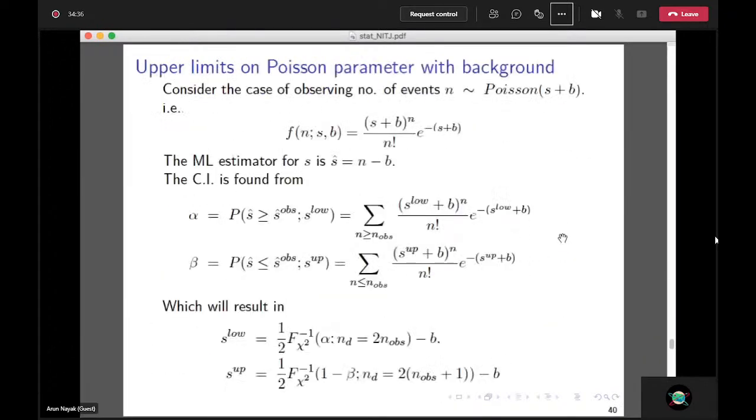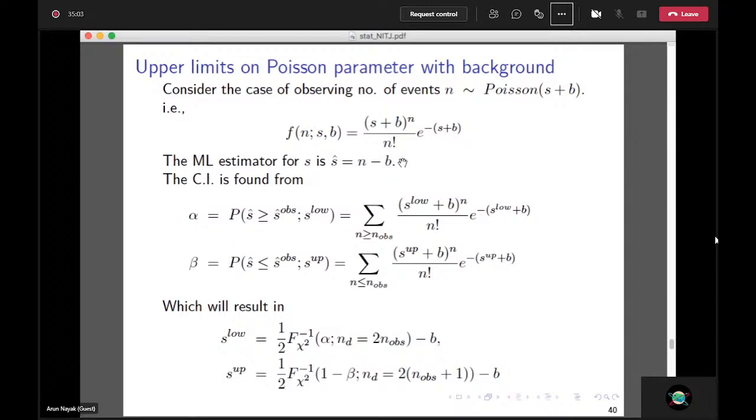Now let's say we have backgrounds. The total observed number of events n will be a Poisson distribution with mean s plus b, so we can write f of n is s plus b to the n by n factorial times e to the minus s plus b.